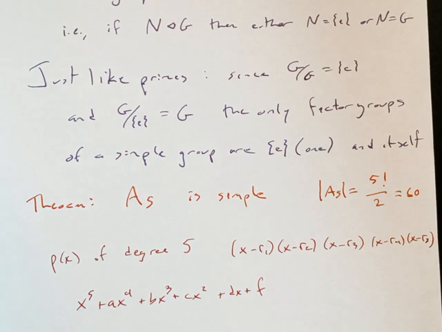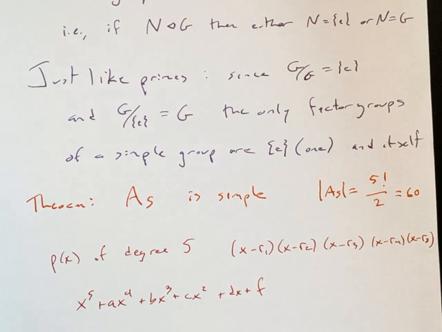But it turns out that that set of permutations must be even to keep the signs, the pluses and minuses, in the right place. So I need to use A5 on those roots.